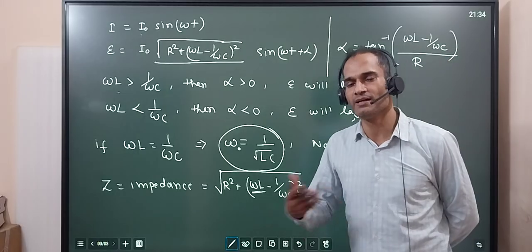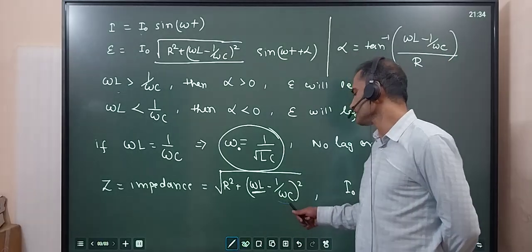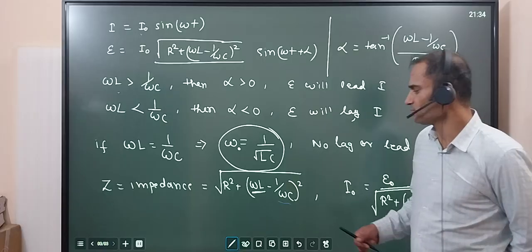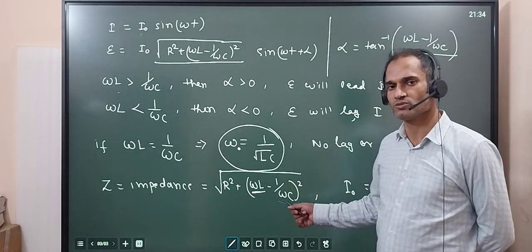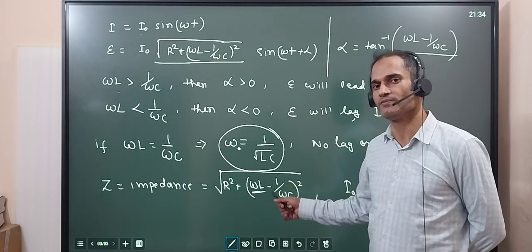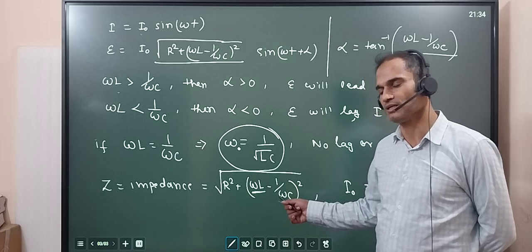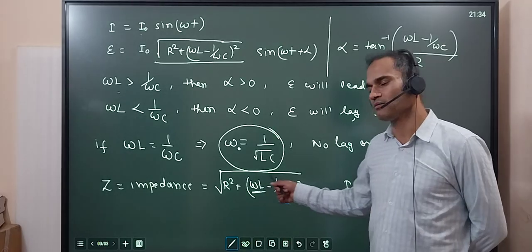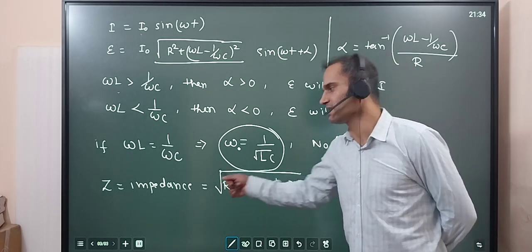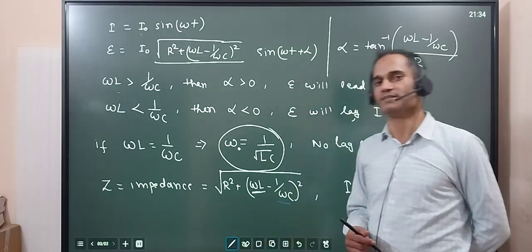And let us see what happens if omega is very small. Suppose omega is close to 0, then 1 by omega C will be very high, and the impedance will again become very high.